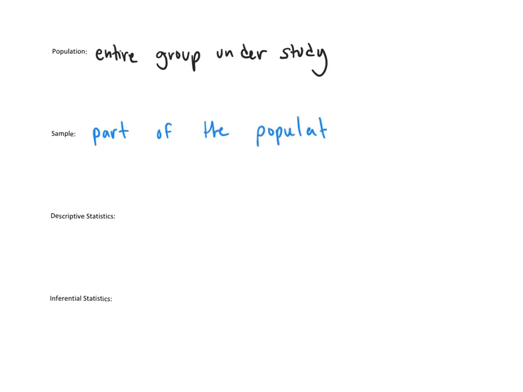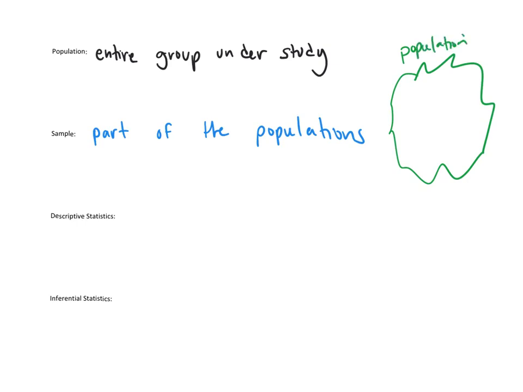And there are lots of different samples in a population. If I think about my population as this shape here, then a sample could be a small part of that. A different sample could be this part. Maybe they share a little bit. They don't have to share. I could also have one down here.